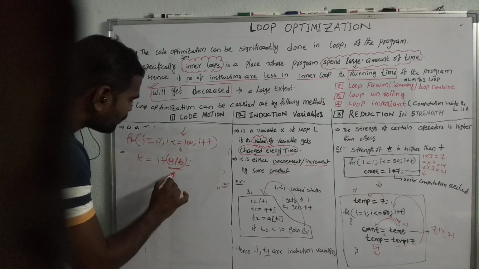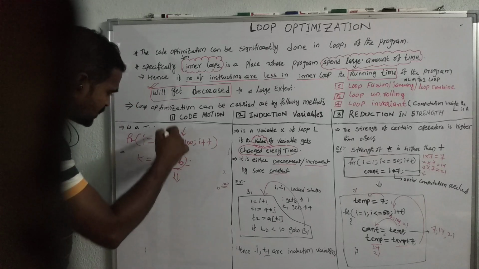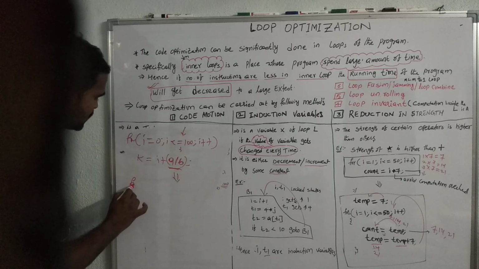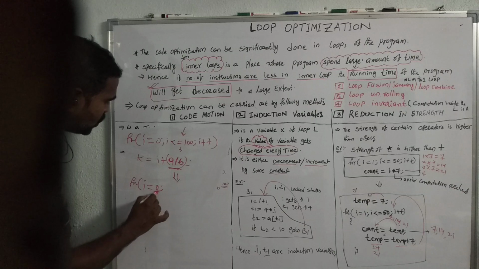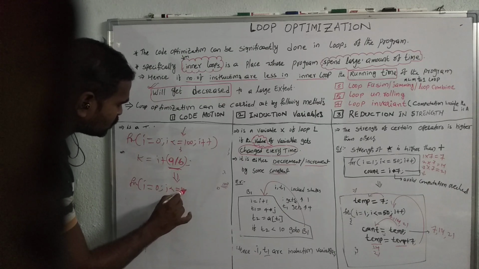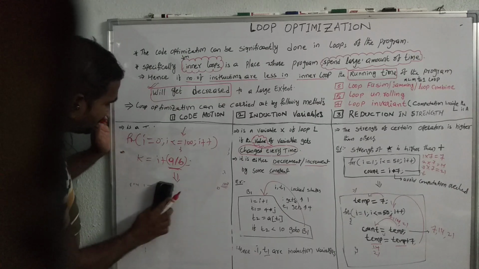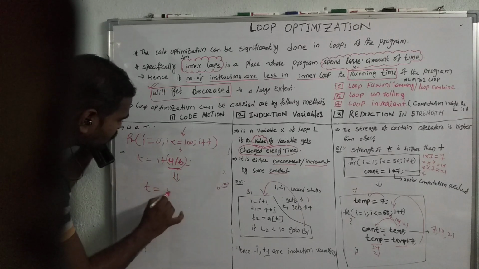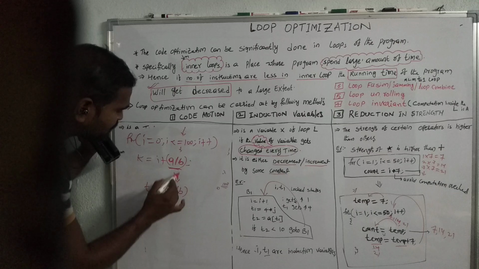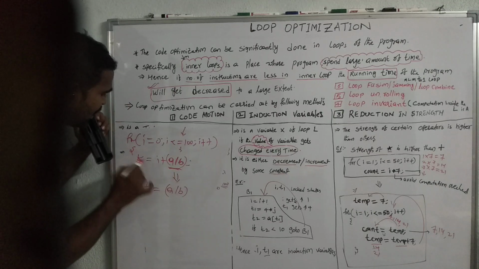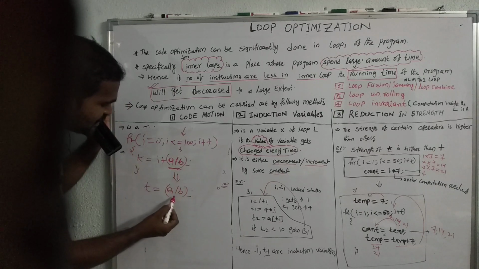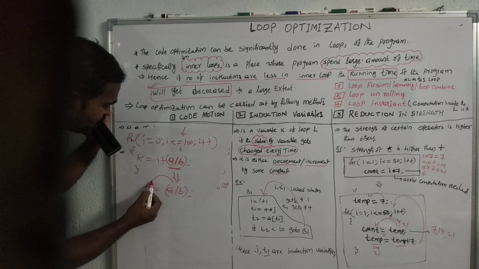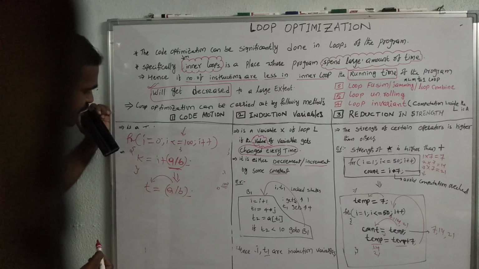Before the loop, I take temp equals a by b. This a by b sub-expression is assigned to a temporary variable location.